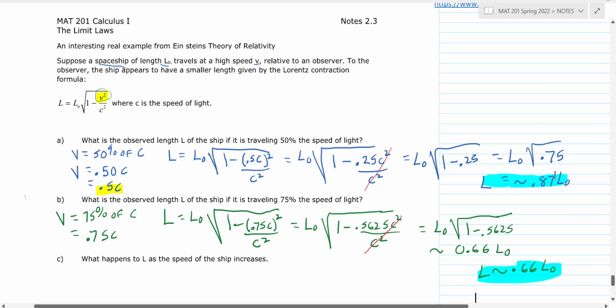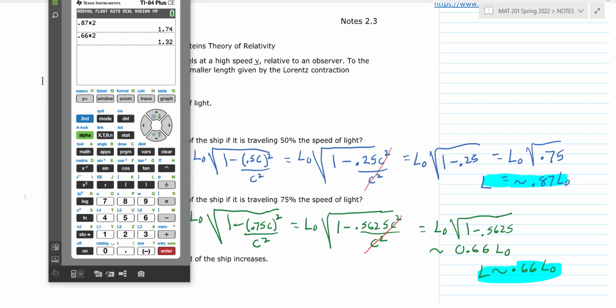So if we went to like 90% the speed of light, you would see this number get smaller and smaller. So it's contracting by a value. So let me just give you an example. So say, for instance, that we know the observer at rest, the spaceship is like 2 meters long or something.